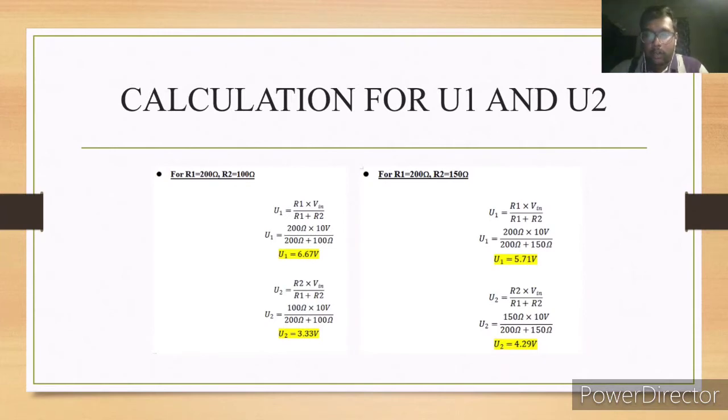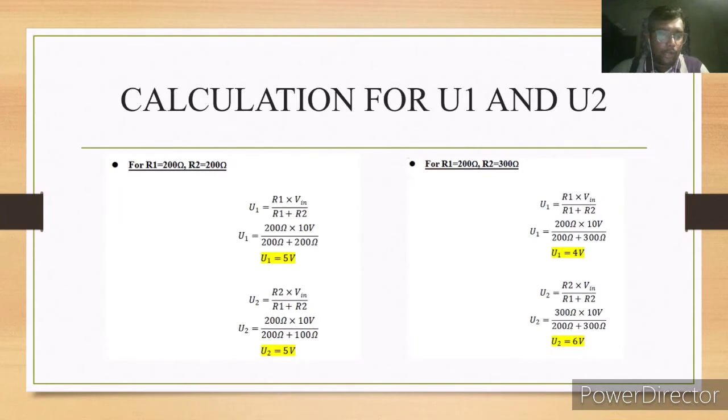For resistance value 200 and 150 ohm, we have obtained 5.71 volt and 4.29 volt. For 200 and 200 ohm, we have obtained 5 volt and 5 volt. For 200 and 300, we have obtained 4 volt and 6 volt.